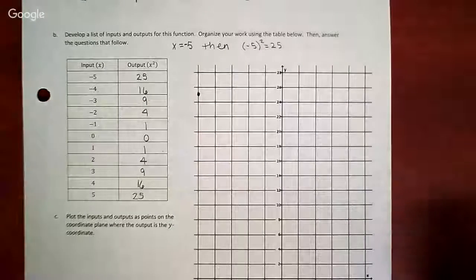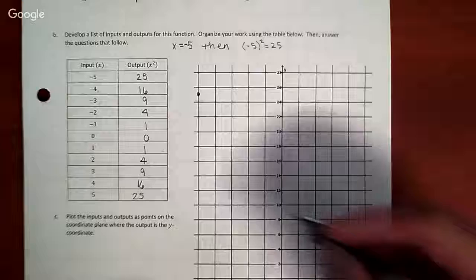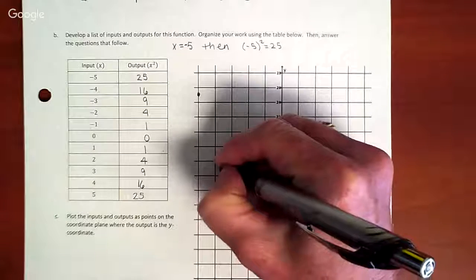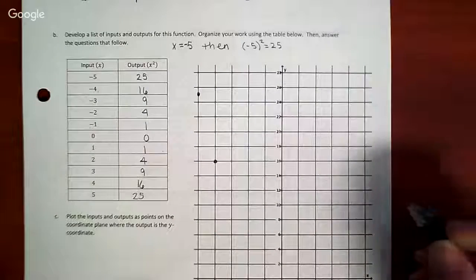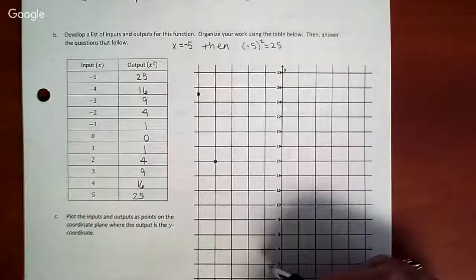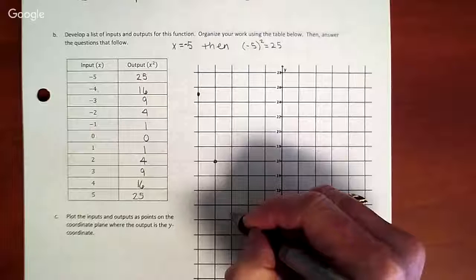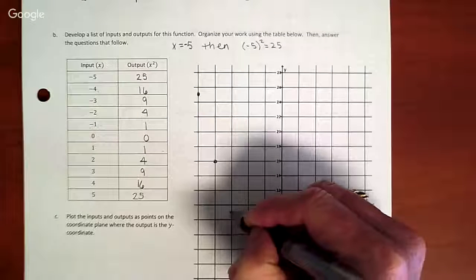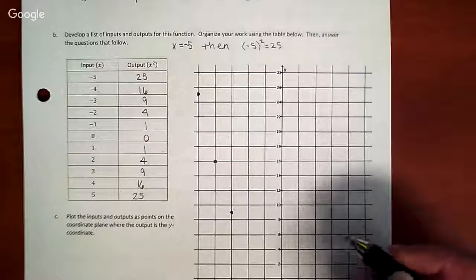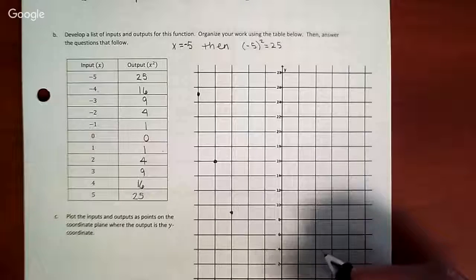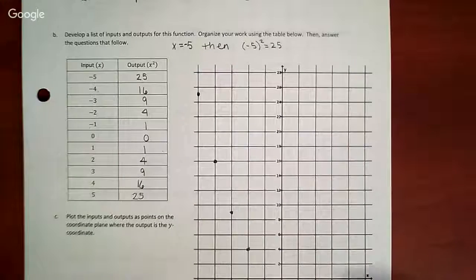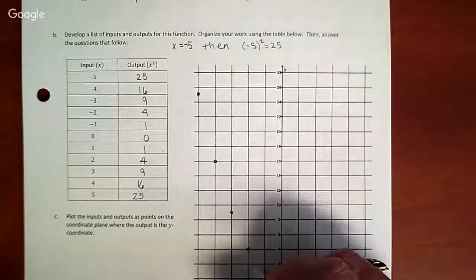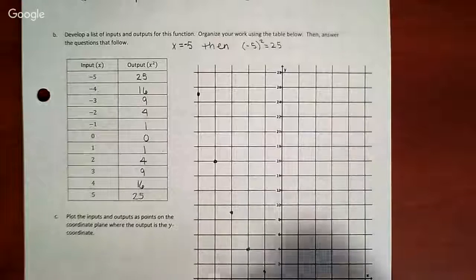So that would be right here. I have -3 and 9. So that would be here. I have -2 and 4. So that would be here. I have -1 and 1, which would be here. I have 0 and 0.